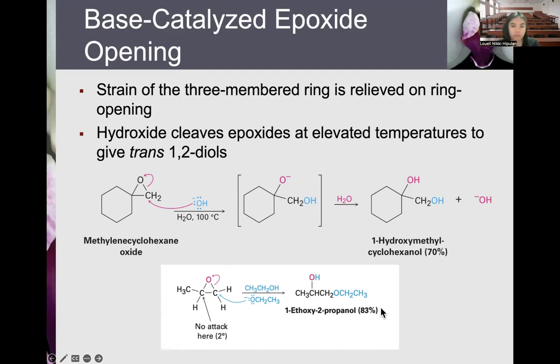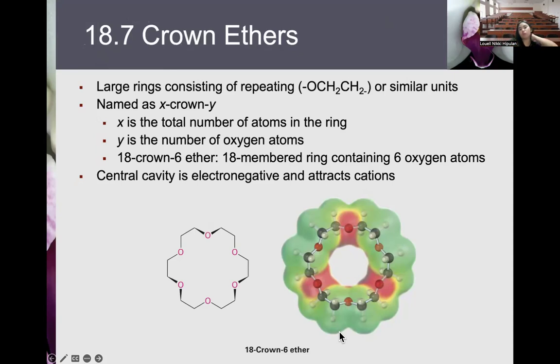Okay. Now you have what you call crown ethers. It was discovered by Charles Pedersen at DuPont Company. It's called a crown ether because it looks like a crown.